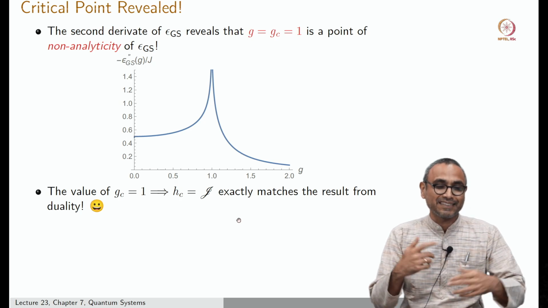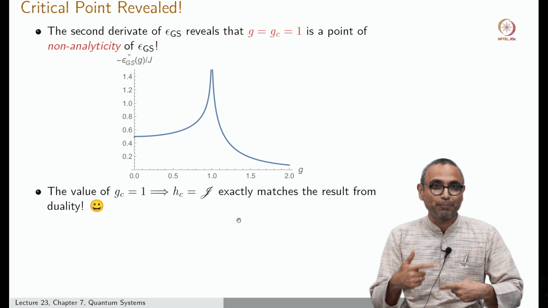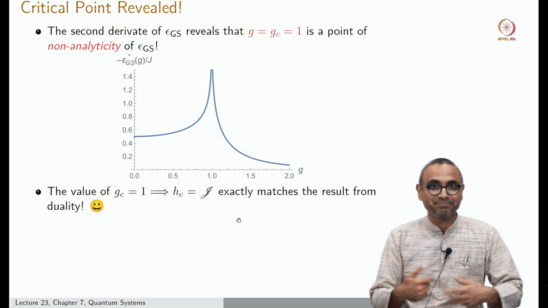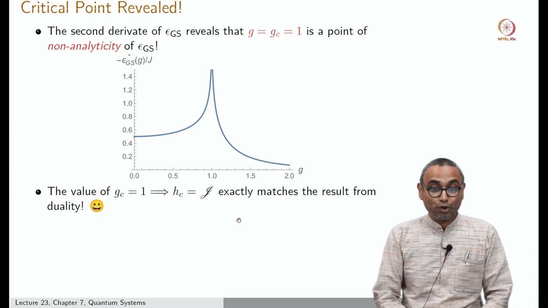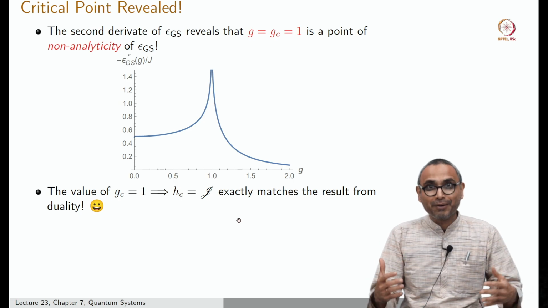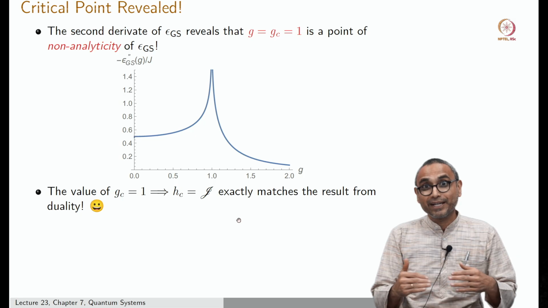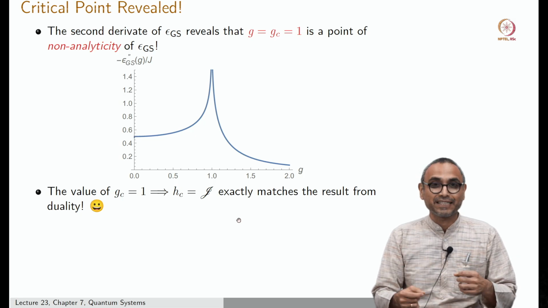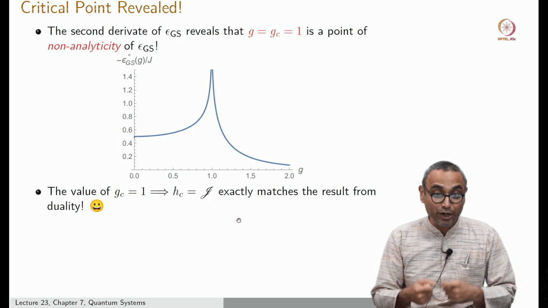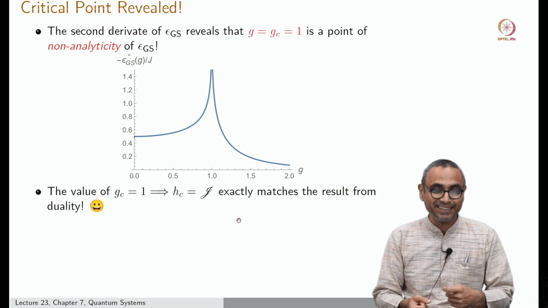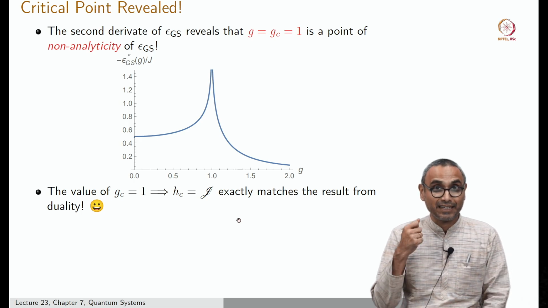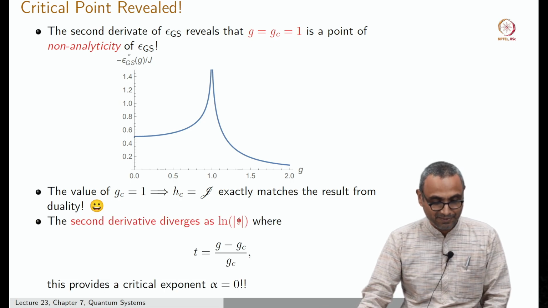So remember, it's a self-dual point when H is equal to J. So we now have confirmed by an exact calculation that the point H equal to J is indeed a point of non-analyticity of the ground state energy, and therefore corresponds to some kind of phase transition.